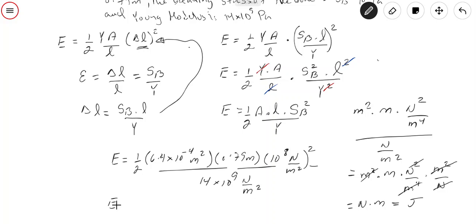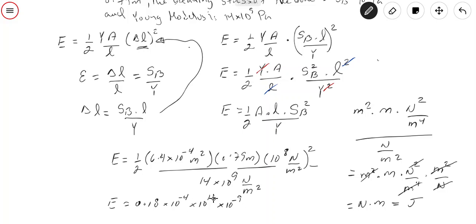So what I'm going to do now, I'm going to multiply 1 over 2, that is 0.5, times 6.4 times 0.79, and I will divide that by 14, and that is going to be equal to 0.18. Now we have this 10 to the negative 4, we have this 10 to the 8 squared that becomes 10 to the 16, and we have this 10 to the 9 that when you move it up is 10 to the negative 9.